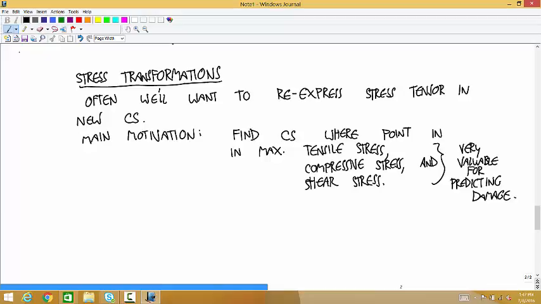So if you have a vector pointing that direction, and you know what the components are in this coordinate system, what do you need to do to re-express that vector in this coordinate system? What's the tool you use? Yeah, you multiply by a rotation matrix. And we're going to do the same thing with tensors. We're going to use it a little bit differently.